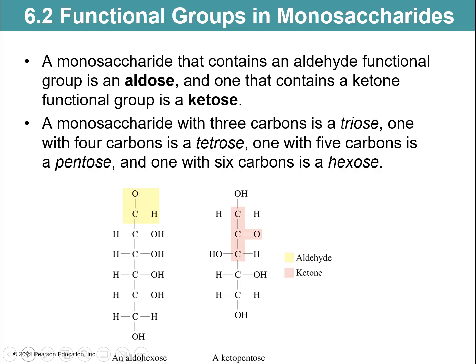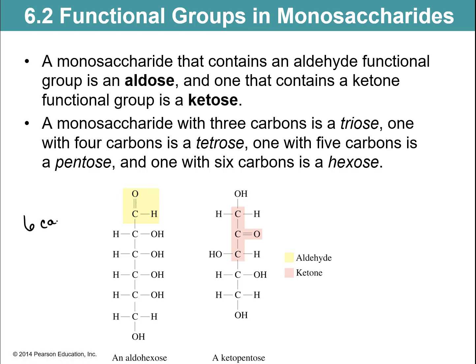So we can then take this and name sugars. Whether we know their names, specifically what kind of sugar they are, if you count the number of carbons in the sugar and you identify whether it's an aldehyde or a ketone, you can determine its sugar classification. So this first one, how many carbons in this first one?